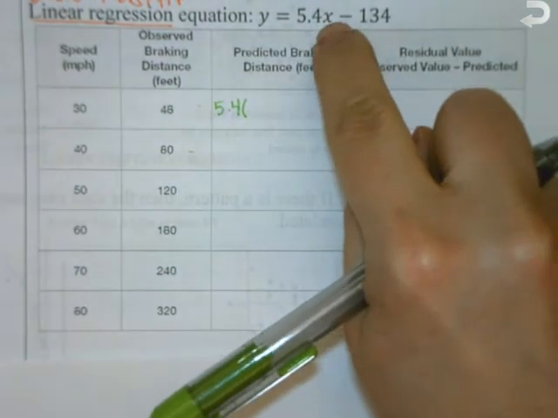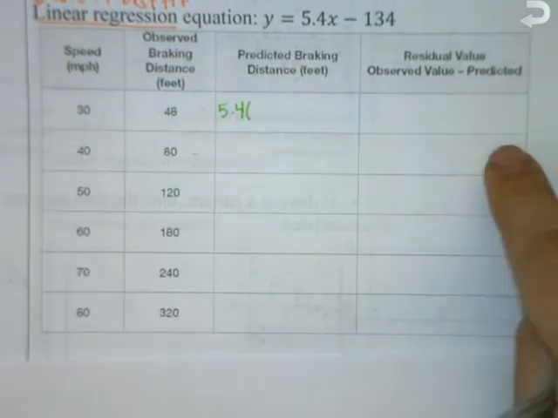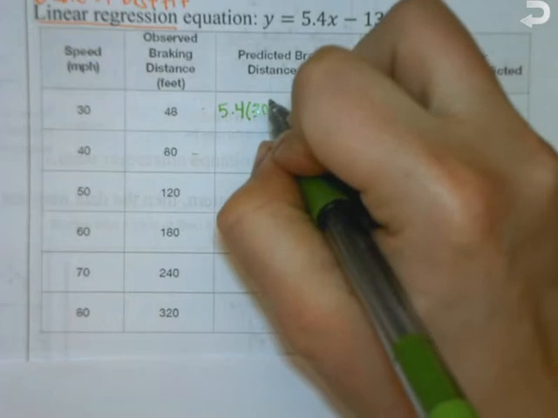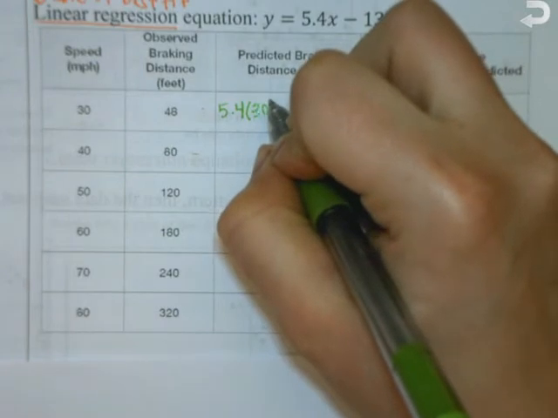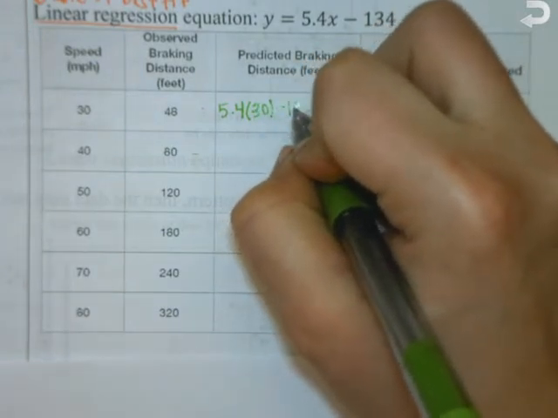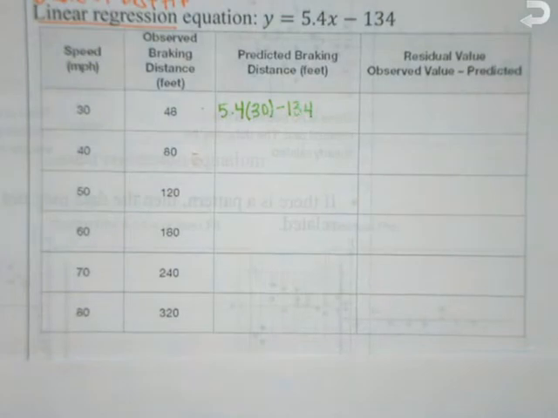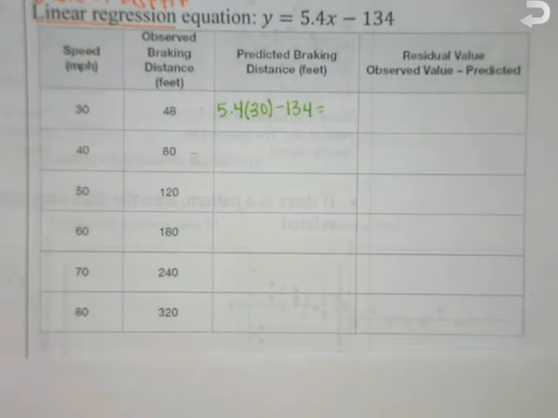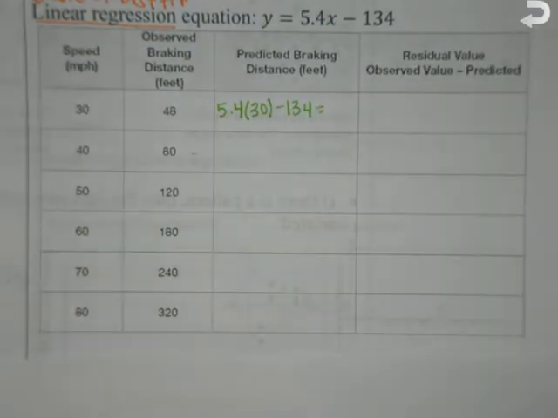X is your speed. So what's the speed in the first row? 30. So times 30 minus 134. And that should all come out to 5.4 times 30 equals 162 minus 134, 28.